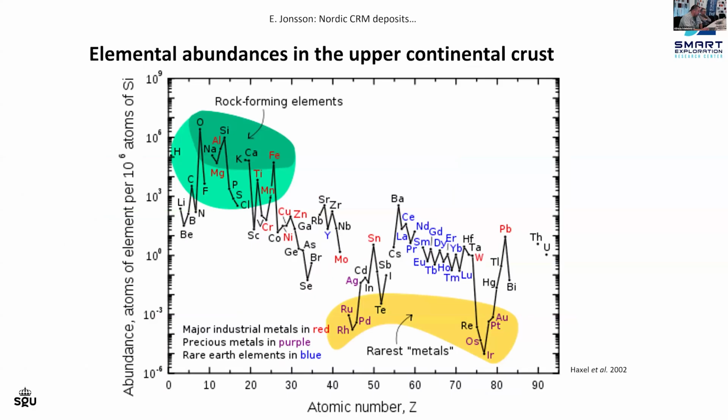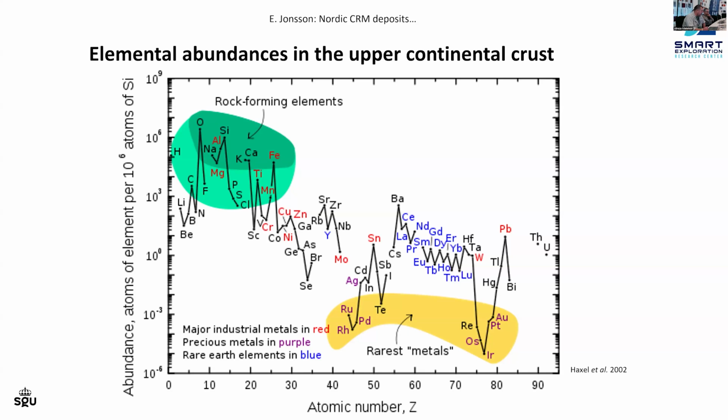What about these metals then? I nicked this fantastic plot of elemental abundances in the upper continental crust. That's the crust that we access absolutely mostly when it comes to mining. These are all figures normalized to 1 million atoms of silicon. As we can see, we have the most abundant elements, what we can call the rock forming elements, in green here, because they make up the absolute bulk of the crust in the form of rock forming minerals.